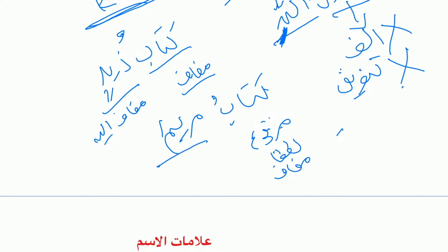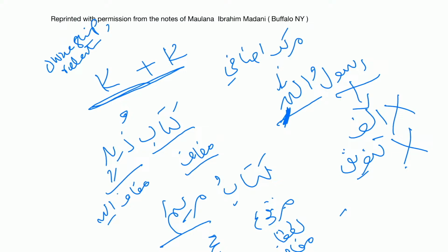Okay, Maryama majroor mahallan mudafun ilayh. Okay, majroor because it is mudafun ilayh, it has to be in jar, but we cannot see the jar. So it is majroor mahallan, but we see what? Fatha on it.